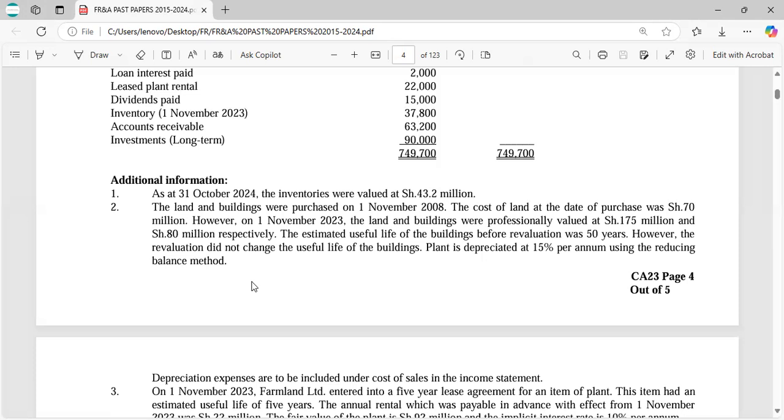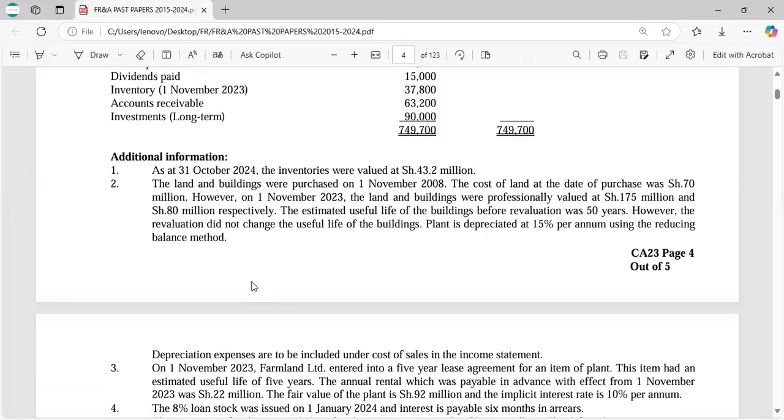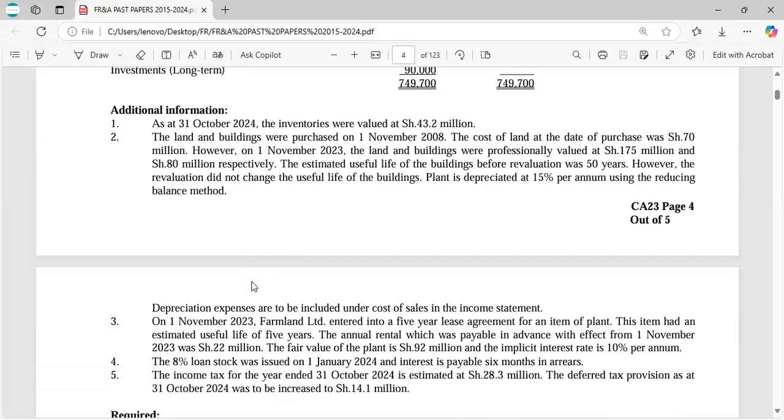So I will look at this note 2. We check if there is any revaluation gain. Then we check for depreciation of that plant based on the percentage given there. Remember that depreciation is an expense. They went ahead to say that depreciation is to be included under cost of sales in the income statement.